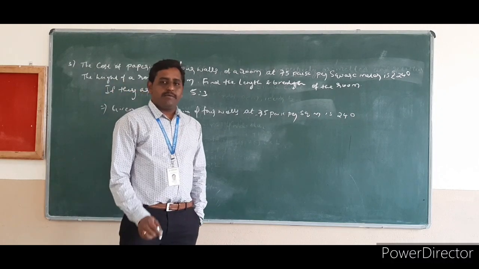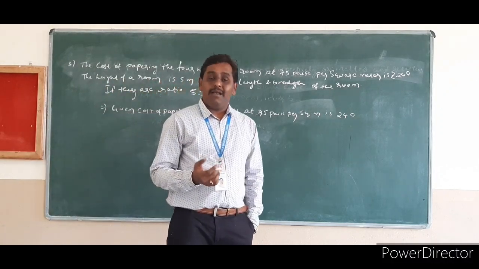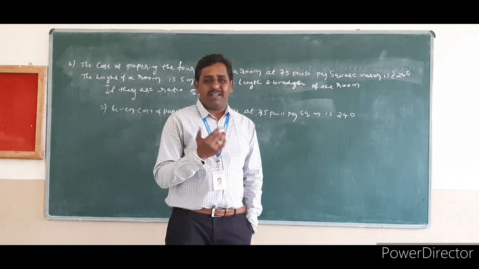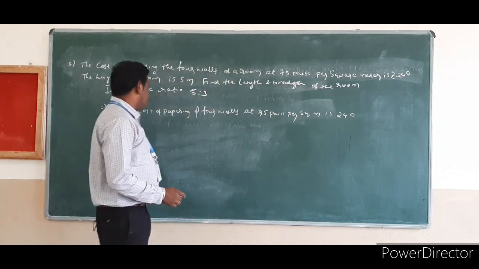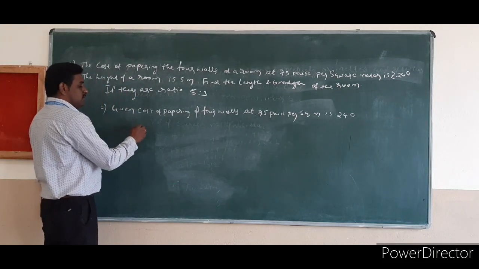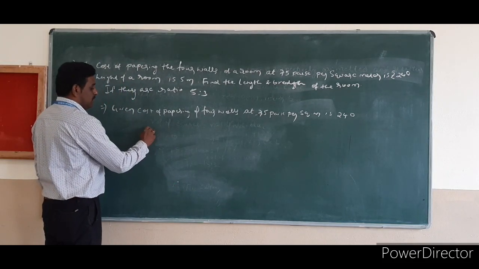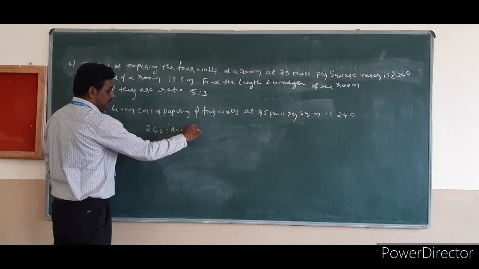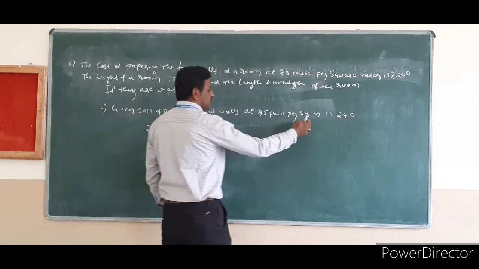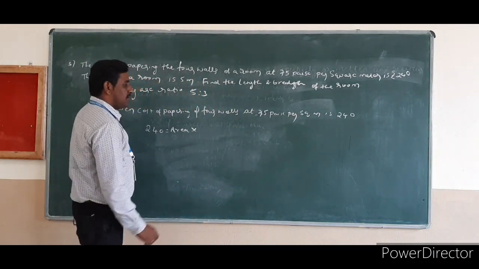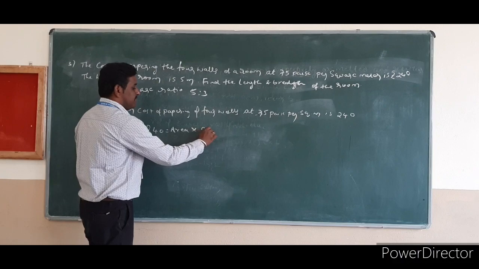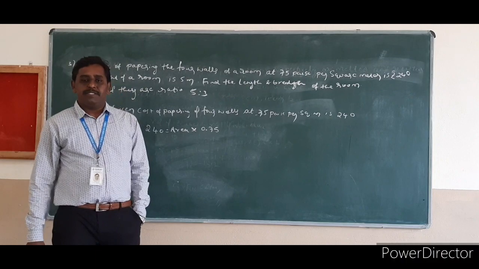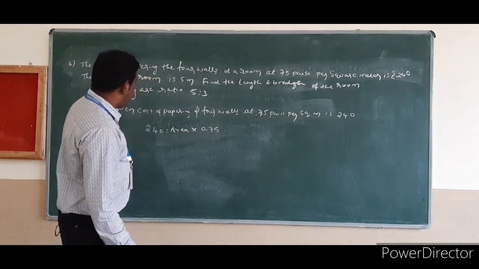So you know how to find cost: number of articles into the cost of each article. If you multiply like that, you will get the total cost. So here 240 is area into the cost per meter, that is 75 paise, which is 0.75.